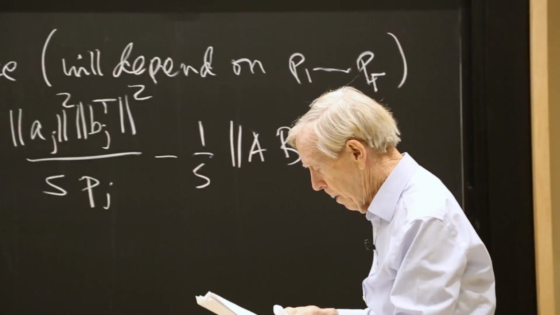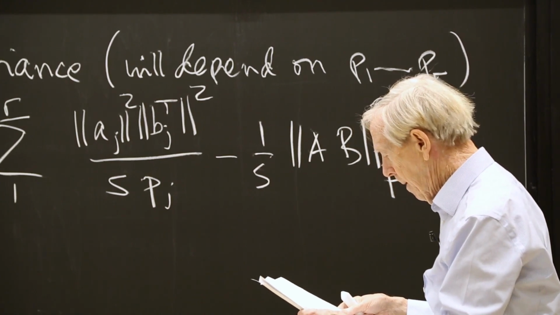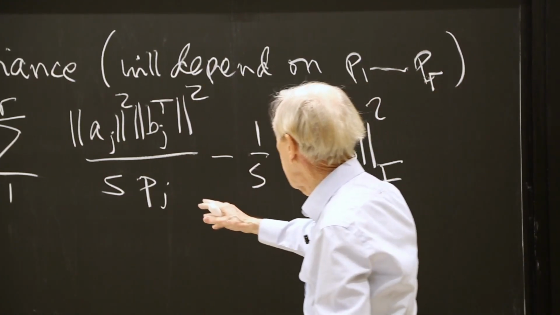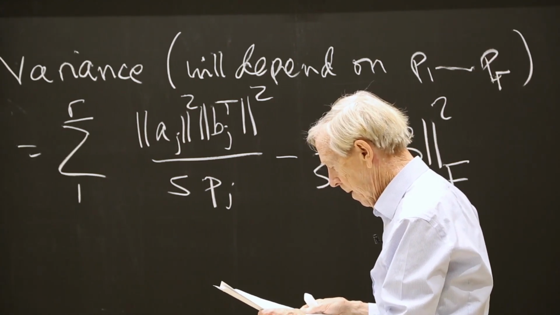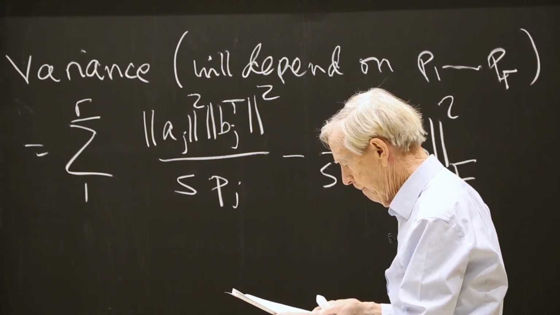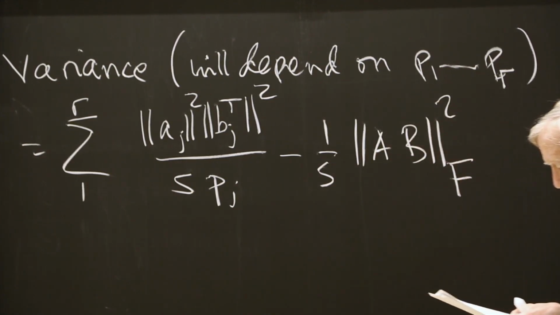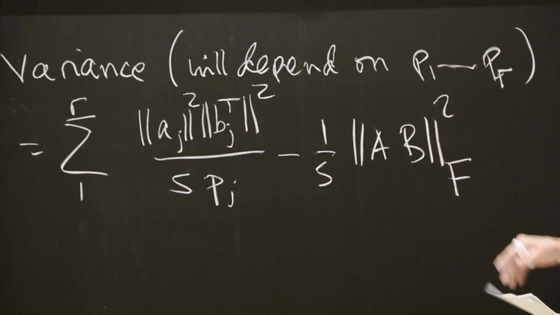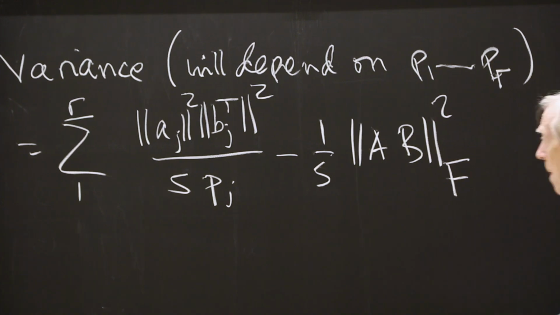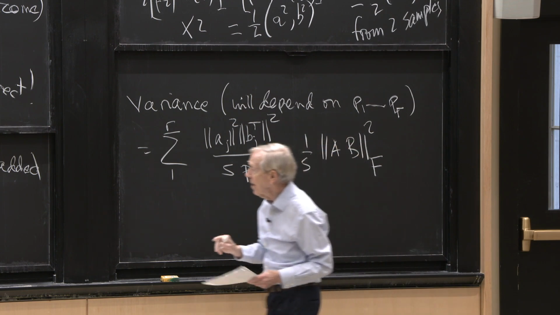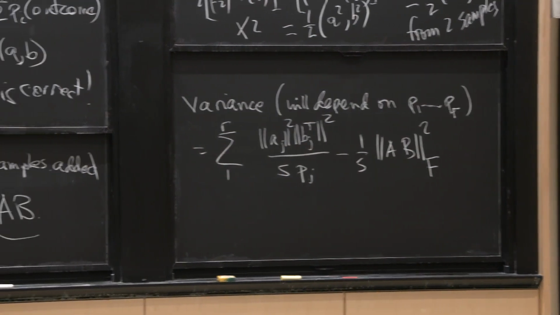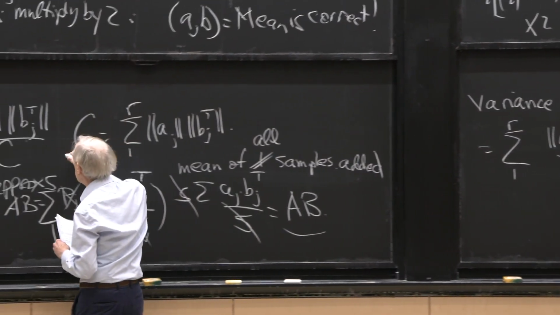Let's see where. Oh, I would like to simplify this. So I have to plug in the PJs. Okay, so I have to plug in for that PJ, and we decided what PJ was going to be here.